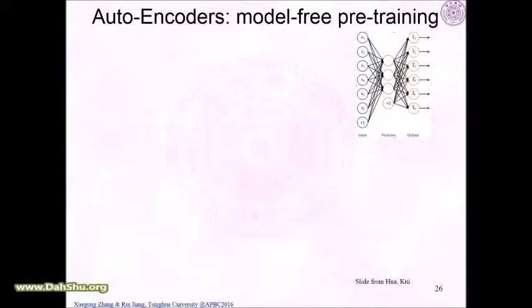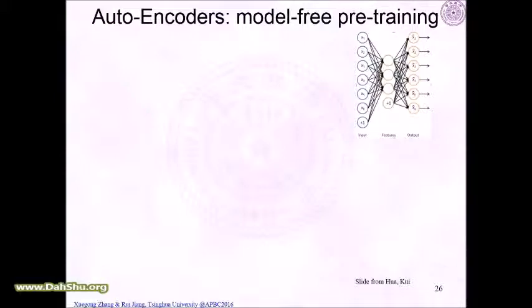The special case of this is that we design the output to be of the same dimension as the input space. This is a constant value, not one of the inputs. So this is the input and this is the output. They are exactly the same. And for this specific training, we don't have class labels.